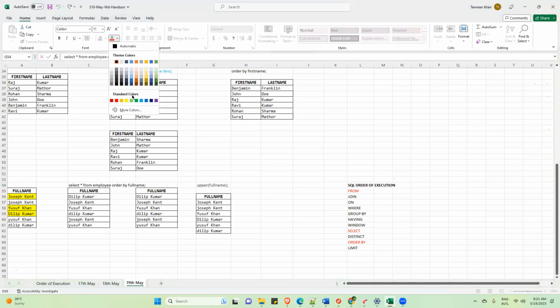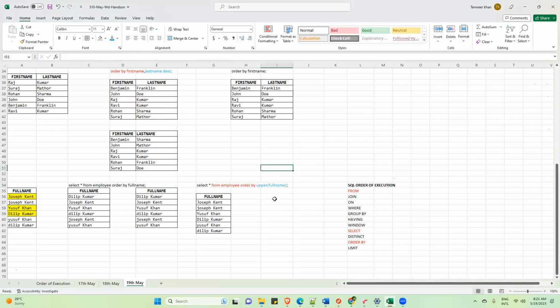It means the user is telling me to first convert full name to uppercase. So I will convert full name to uppercase first of all, the same thing I taught you when I was teaching upper and lowercase.